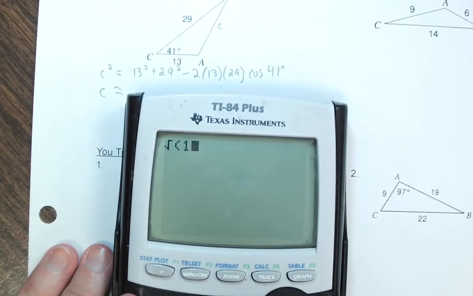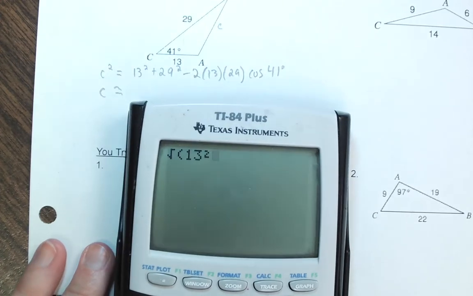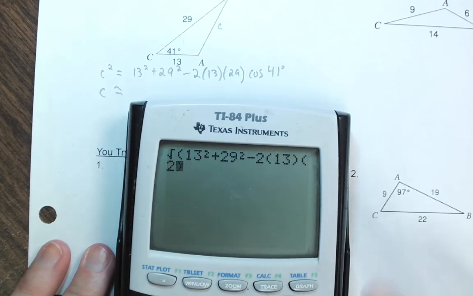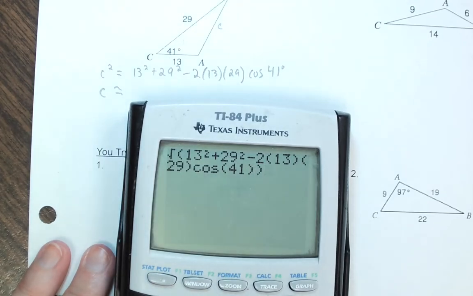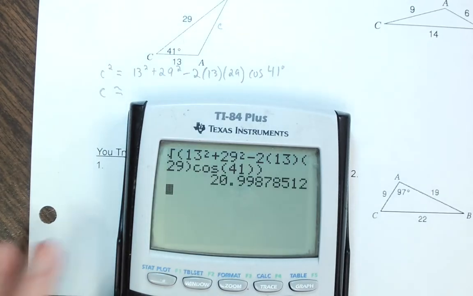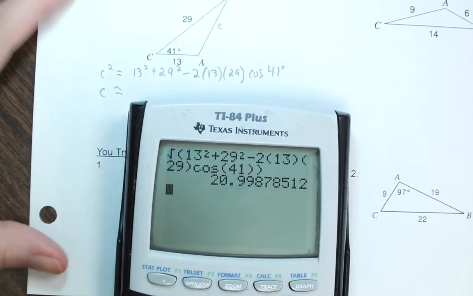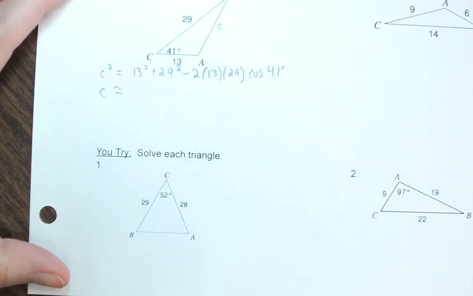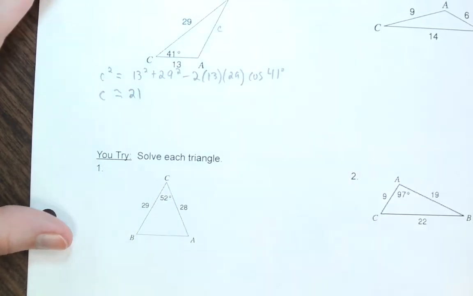And now I'm going to type all this stuff in just the way it looks. So I get 21 here for the C value. So C is going to be about 21.